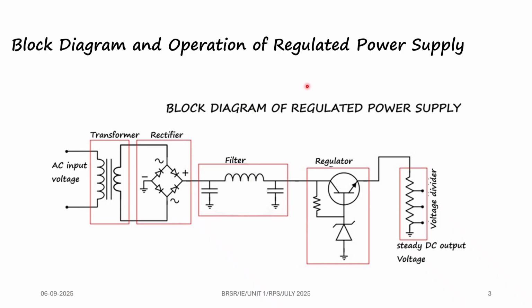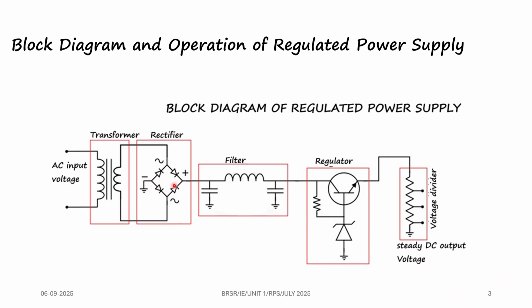The essential parts of a regulated power supply are a transformer, which is a step down transformer, a rectifier, a filter, and the regulator. The AC input voltage is stepped down to a required AC voltage by the transformer. The rectifier is an uncontrolled rectifier here, as shown.